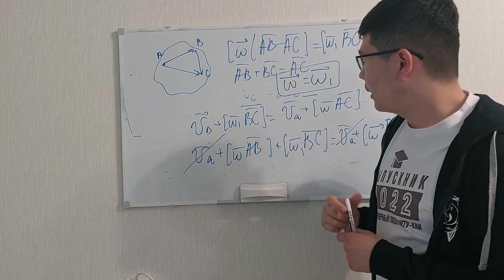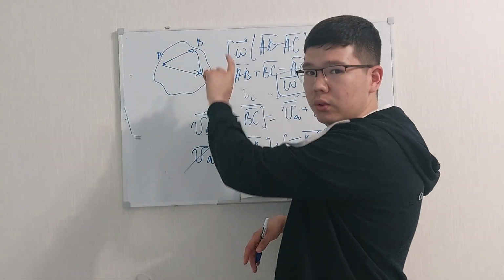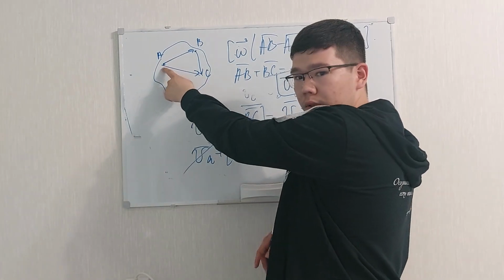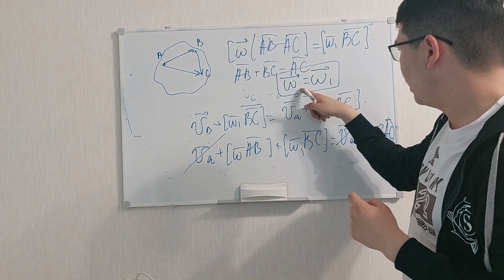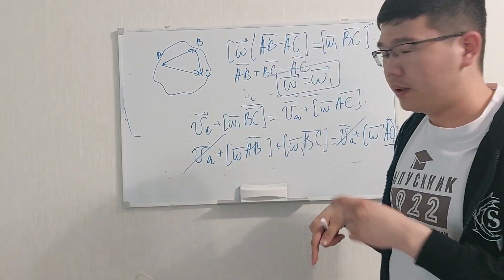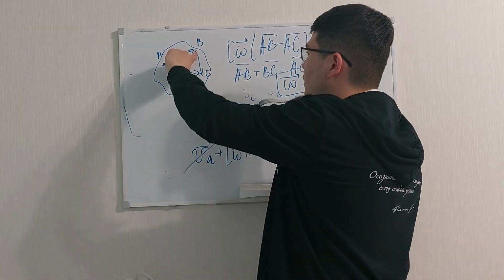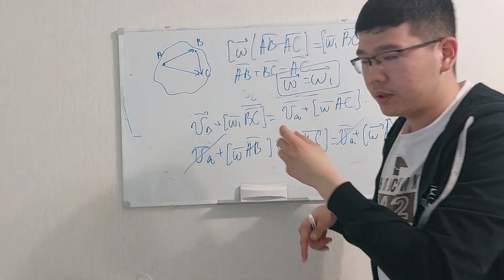It means if I try to study the motion of the dots of the solid body relatively to one of the dots, the angular velocity relatively to A will be the same as if I try to study the motion of all of those dots relatively to the B dot.